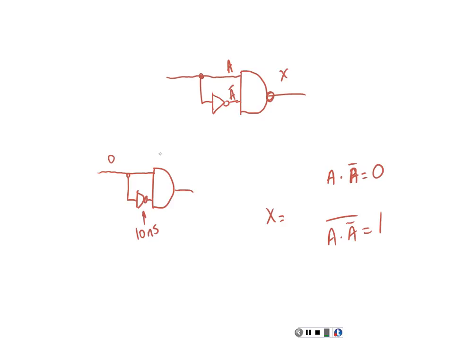Okay, and what I'm using right here, I have a 74LS NAND gate, so I have a 74LS00. So as soon as this goes low, then this right here is going to go high, right? You understand? And then 10 nanoseconds later, this right here will go high.